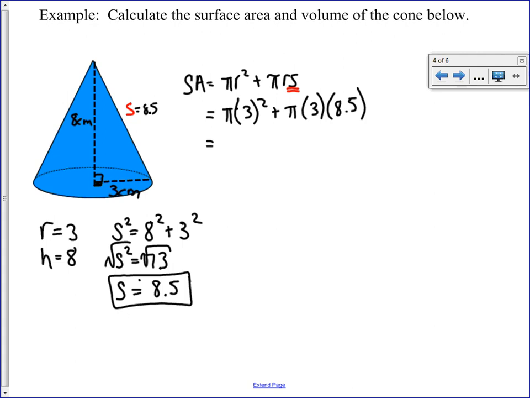Using our calculators, we can find that we have 9 times pi is equal to 28.27 plus 8.5 times 3 times pi is equal to 80.11. Add these together, we get the surface area is 108.4 centimeters squared.